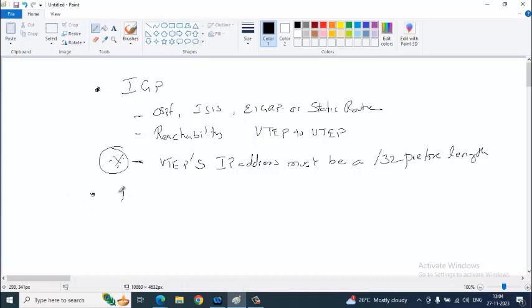Next building block is PIM, protocol independent multicast. In PIM, we are going to use this multicasting for BUM traffic. You can also use head-end replication, but it's not scalable.